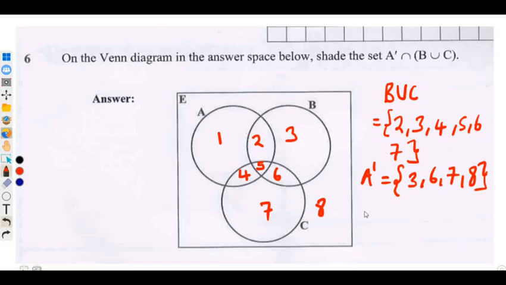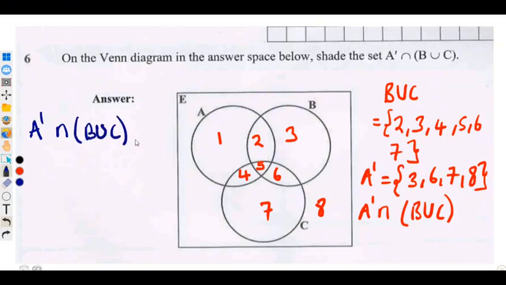Then from here, let us now find A complement intersection B union C. So here, look at B union C. This is what you have: 2, 3, 4, 5, 6, 7.